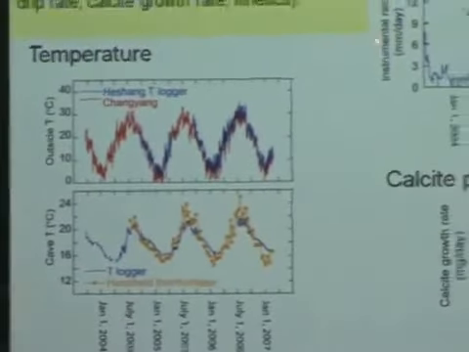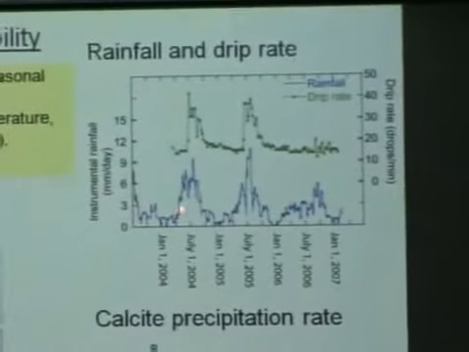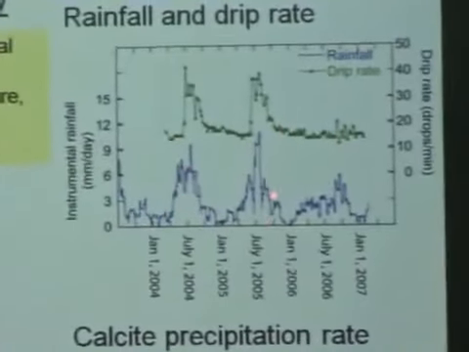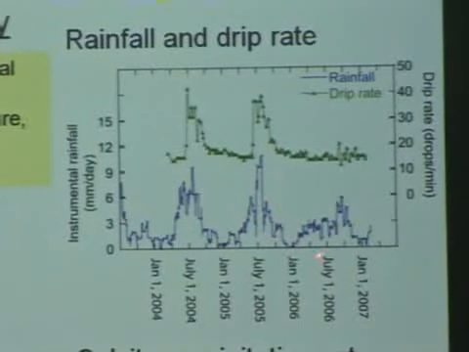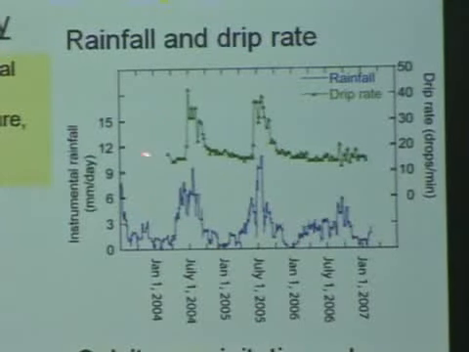We also see, shown in blue here, rainfall, in millimeters per day, instrumental rainfall from a nearby site. And shown here in green is drip rate, which shows sort of a threshold-like behavior, where as the summer monsoon onsets and rainfall increases, at some point we get an abrupt increase in drip rate, followed by sort of this exponential decay, and then an abrupt increase, and then decay.